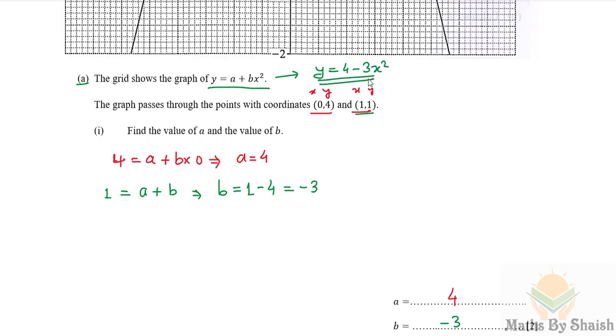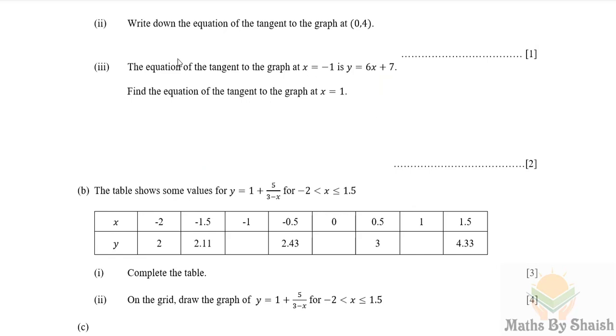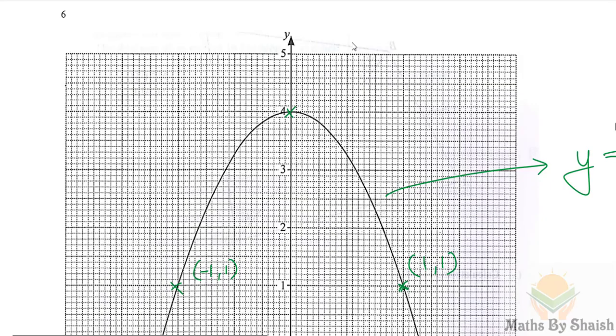So let's discuss the b part. Here's the second question. Write down the equation of the tangent to the graph at (0, 4). So let's check from the graph directly. Here we can see the graph is attaining its maximum value at (0, 4).